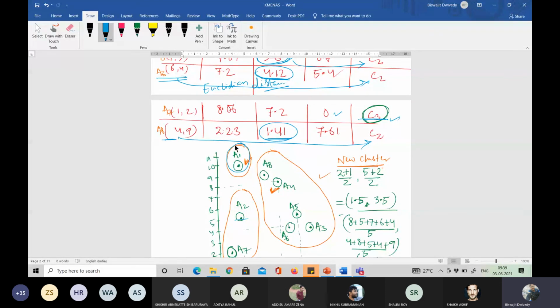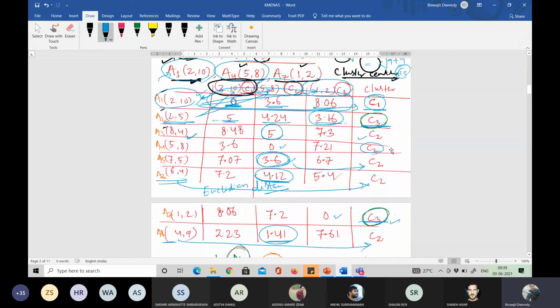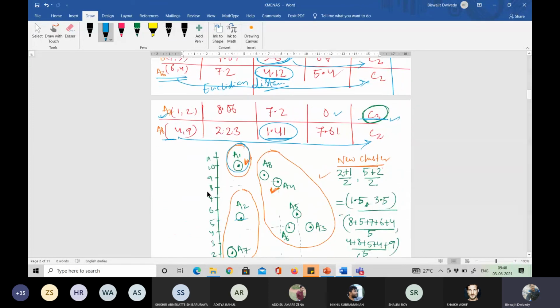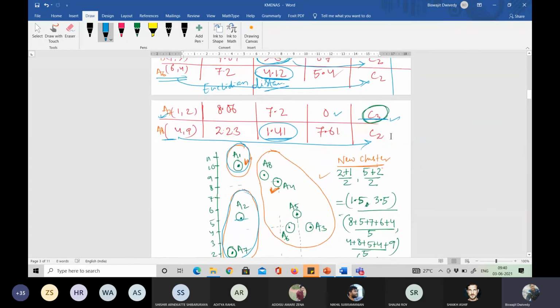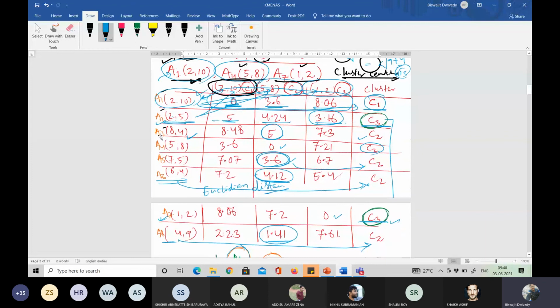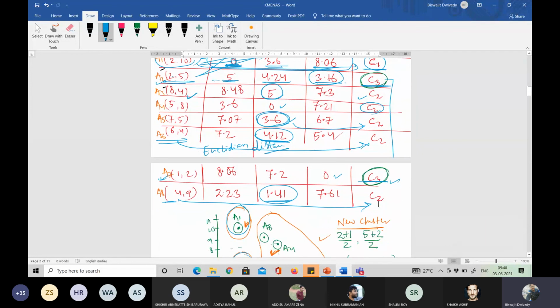And you can see this A2 and your A7, these 2 points are in your cluster 3. Okay, so that's why you can see A2 and A7, they are grouped in one cluster here. Okay, and the rest of the data points, like your A3, A4, A5, A6 and your A8, they are under your cluster 2.